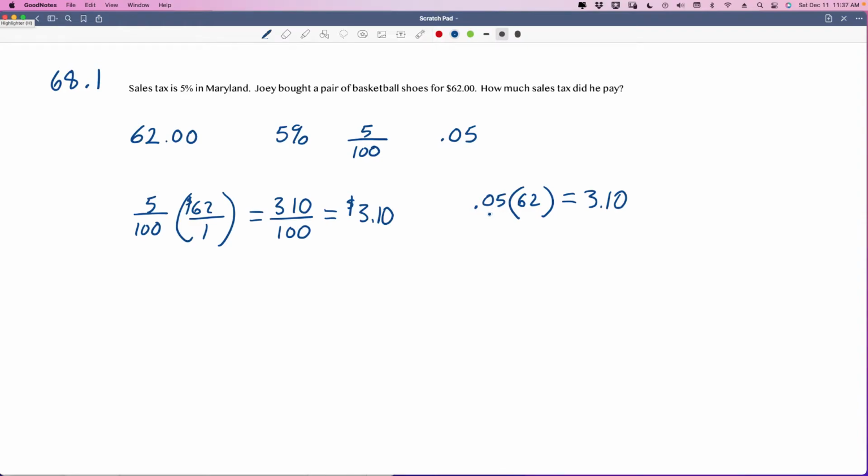So if you want to do it the fast way, do it this way. If the fraction way makes sense to you because that's how you see a percent, you can do it that way too. Either way, we got the same answer. It's all about which one you prefer. But this way is faster because you've already done the division on the front end.